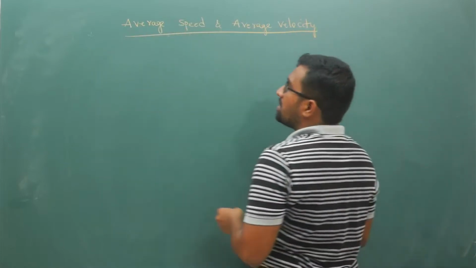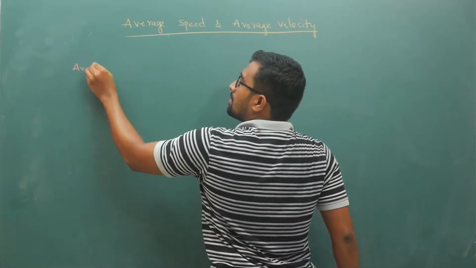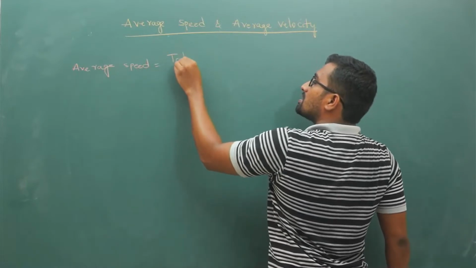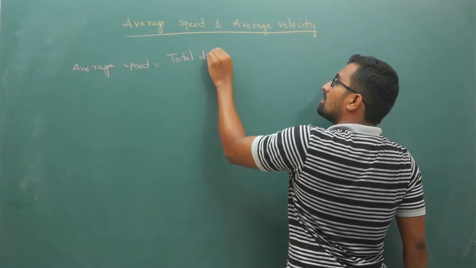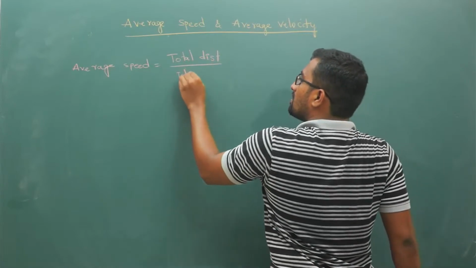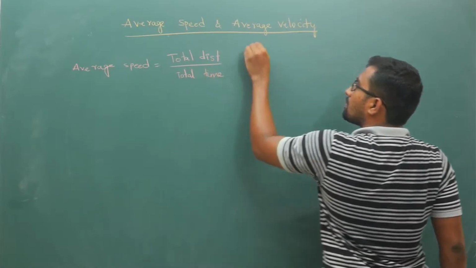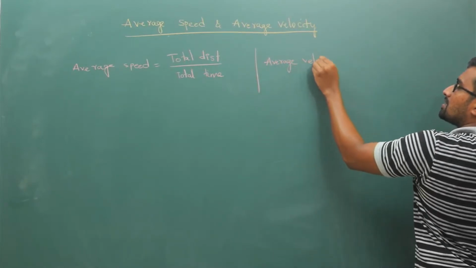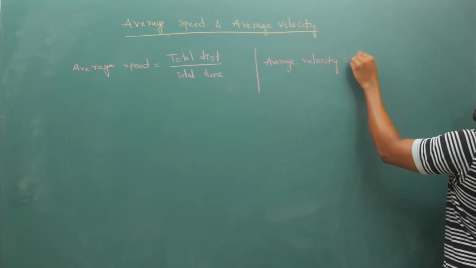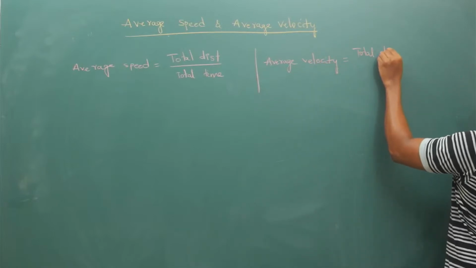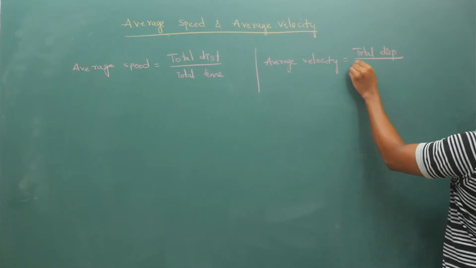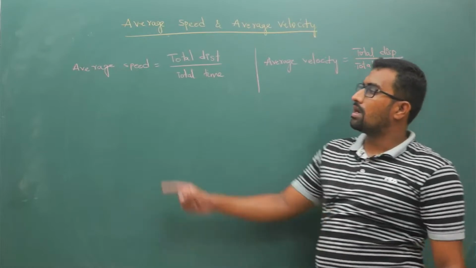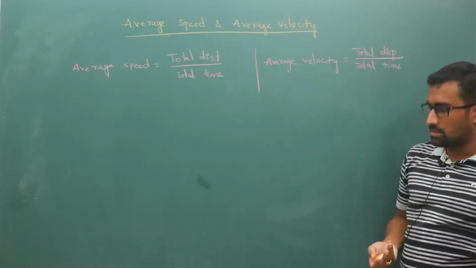The definition of average speed is total distance by total time. Average velocity is total displacement by total time. So this is your average speed, this is your average velocity.